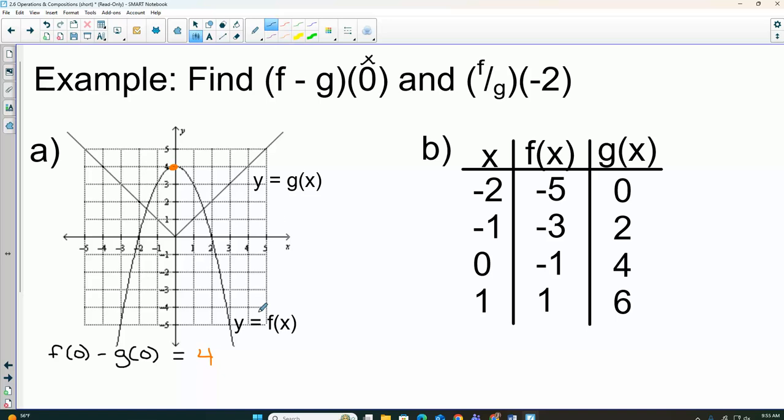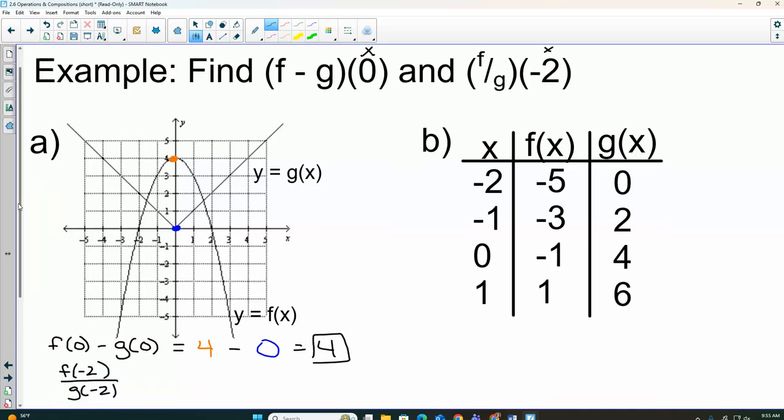Minus, when x is 0, what is the y value of g? 4 minus 0 is 4. So on these graphs, the number I'm giving you is the x, you have to find the y. So if I ask for f divided by g of negative 2, that means f of negative 2 divided by g of negative 2.